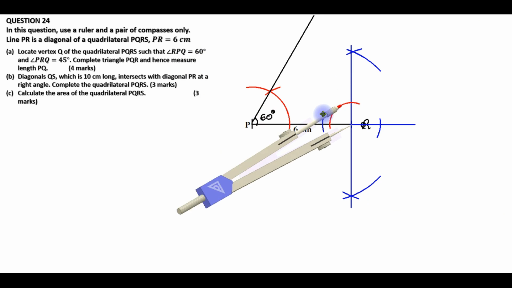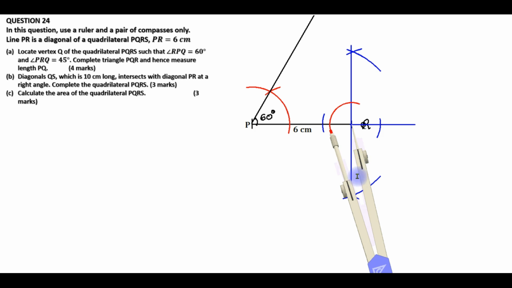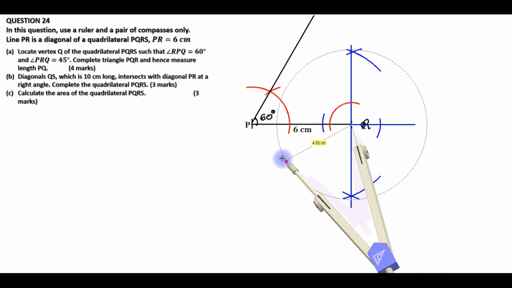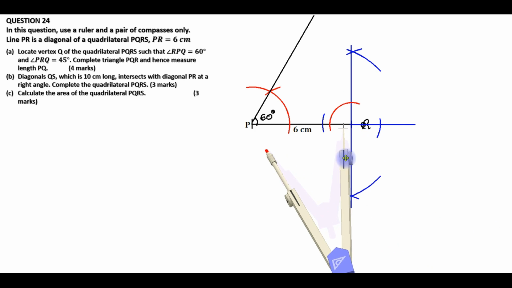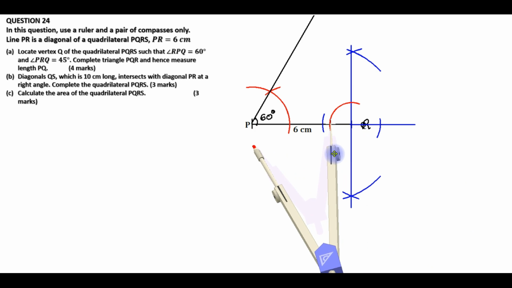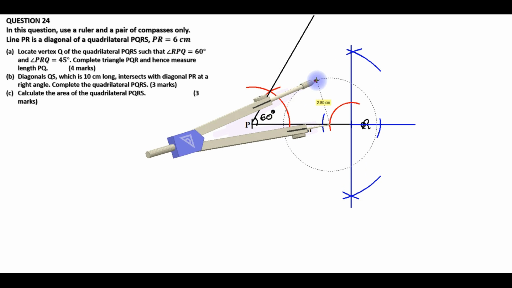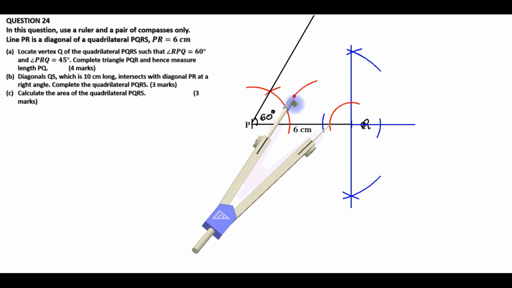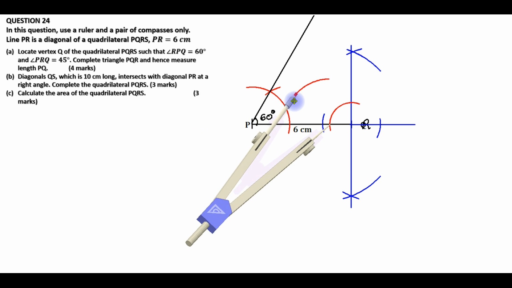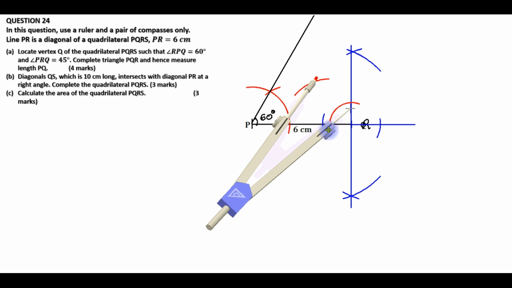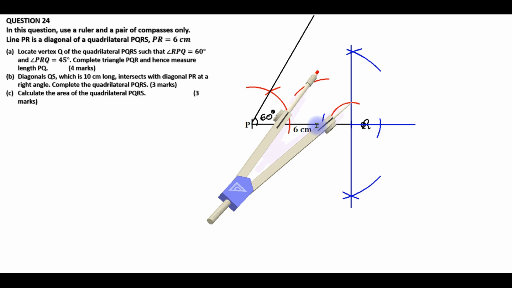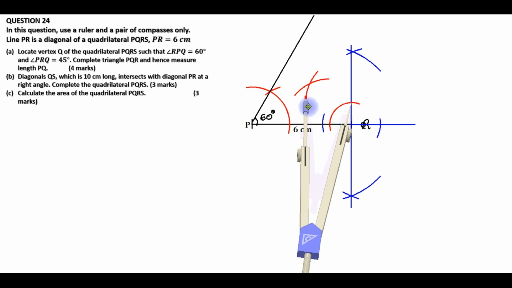First I put those two marks there, and then I adjust the radius and use the arc that I have made on line PR and the perpendicular. So just adjust it. I make an arc there, and also I use the other side as the center, the radius. I put an arc there.